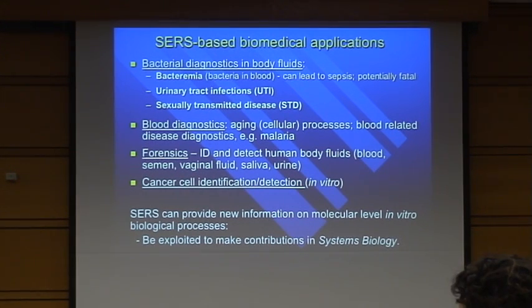And then you'll see interesting applications in blood diagnostics, learning about aging, and then I'll show you something about the rapid malaria detection methodology, cancer cell identification, detection, and then most recently we received some support to apply this technology in the field of forensic science.